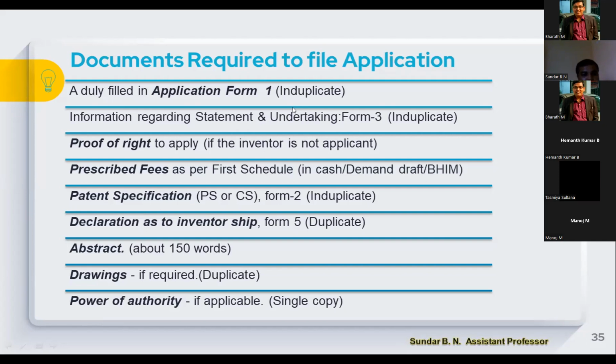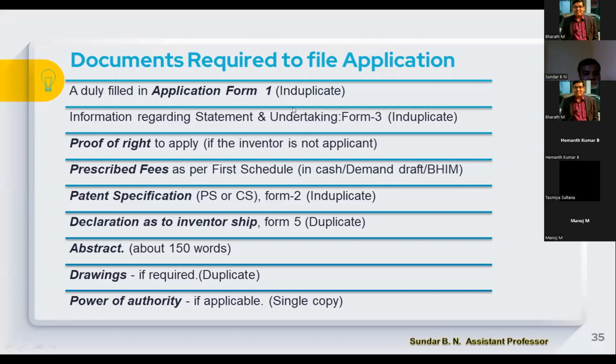The prescribed fees are there, which you also have to attach. And the patent specification: there are two types, provisional specification and complete specification, which should be filed in Form number 2. I just showed you a complete specification as an example. The declaration of inventorship you also have to file under Form number 5.